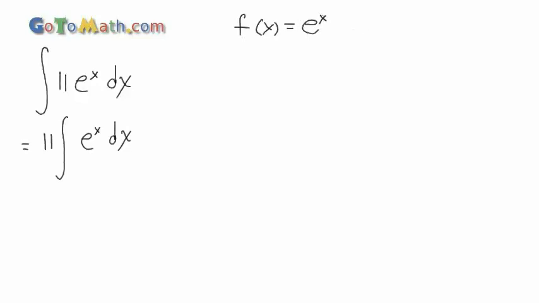We took the derivative of the x, which was 1, and then just rewrote it. So the derivative of e to the x was e to the x. That's all there is to it.